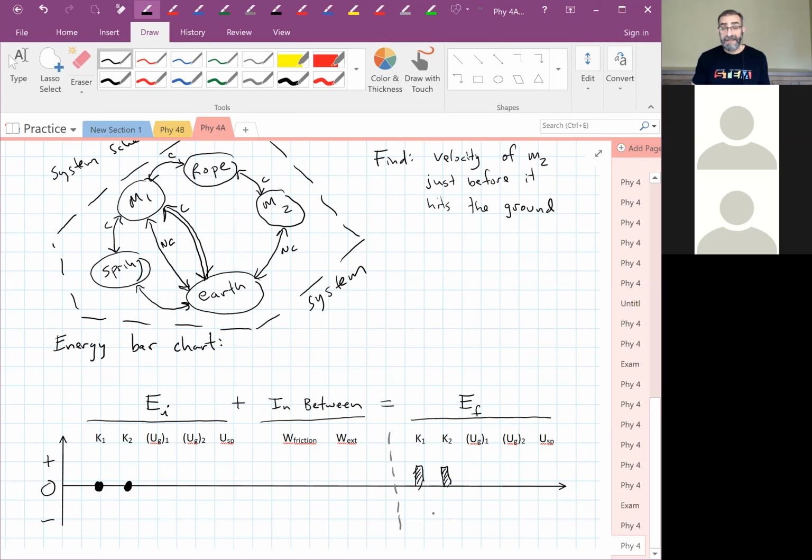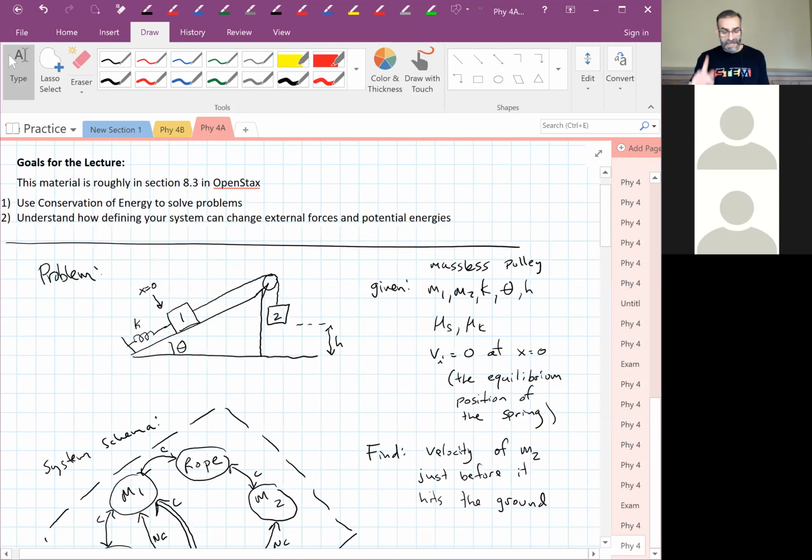Potential energy, gravitational potential energy for block 1. Does block 1 go up or down? Yes, it does. It goes up. So most of us like to call the lowest point in the problem 0. So block 1 starts right here.